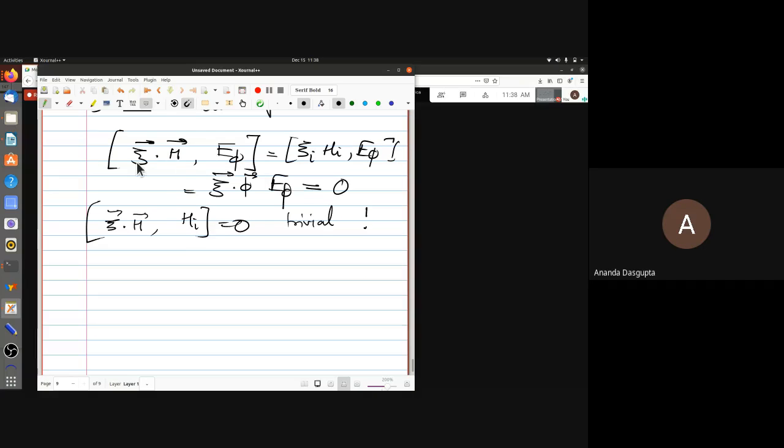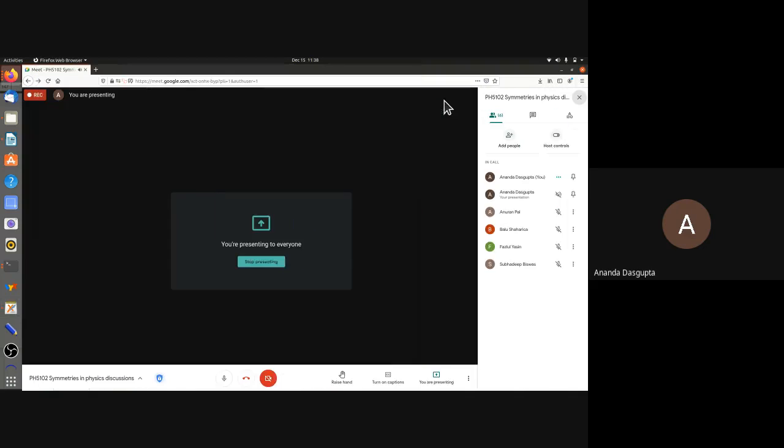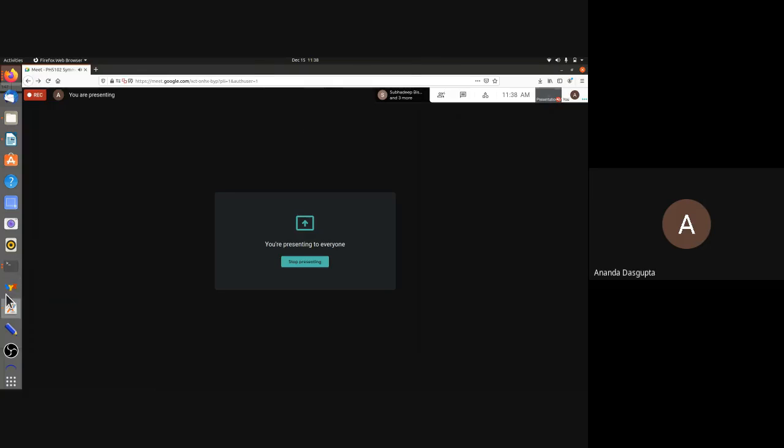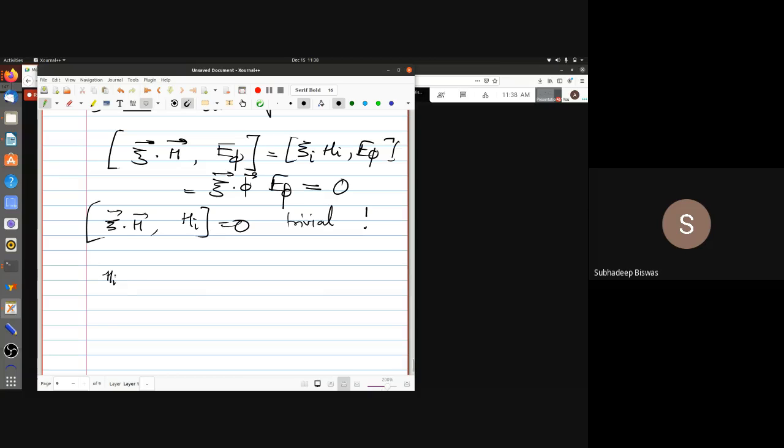This is trivial, and we have already established that because xi is orthogonal to all the simple roots, xi dot h has to be commuting with all the root generators, all the shift operators. But what happens now? Remember at the very beginning, somebody asked me this question, I don't remember who, but these do form a complete set, right?